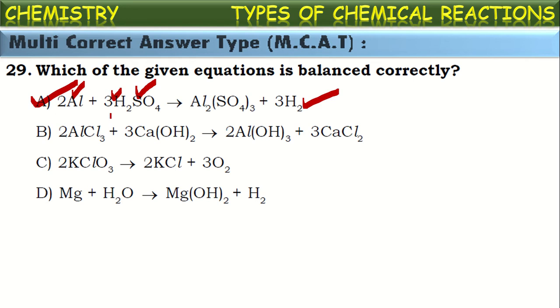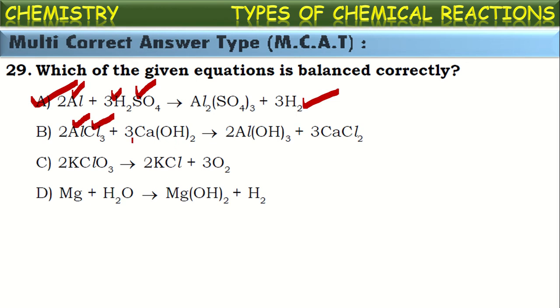What about the next one? Two aluminiums, aluminiums here also two. Aluminiums balanced. If you see chlorines, there are three chlorines in one molecule. Totally there are two molecules, so six chlorine atoms on the left hand side. What about the right hand side? There are two chlorines in one molecule. Totally there are three molecules, so chlorines are six on the right hand side also. Now chlorine atoms are also balanced.